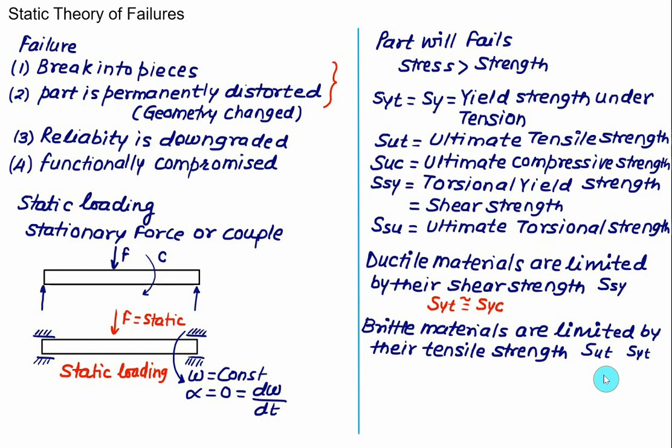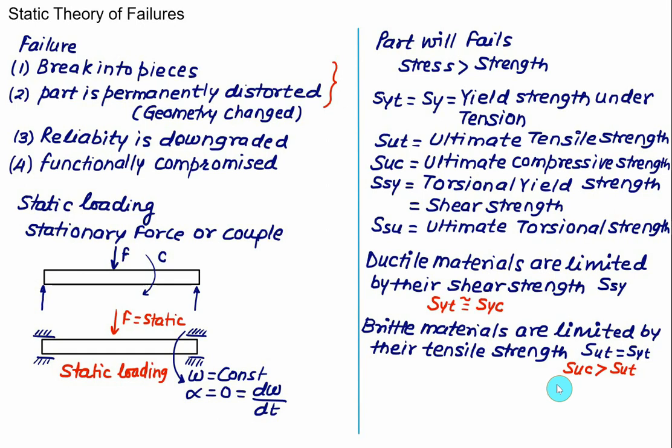But for brittle material, the value of SYT is equal to SUT, but the value of SUC, that is the ultimate strength in compression, is greater than the ultimate strength in tension. So design of brittle material is based on the ultimate tensile strength or ultimate compressive strength.